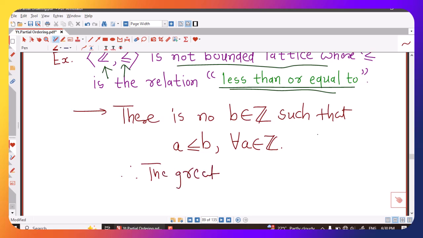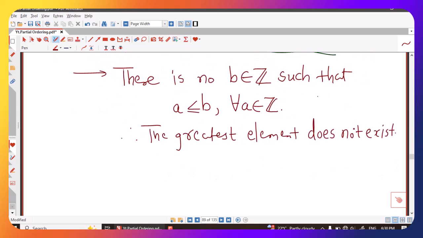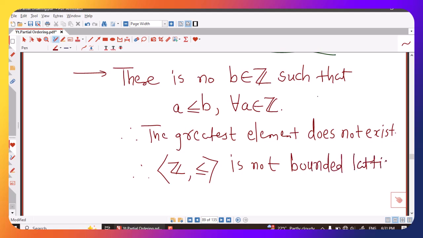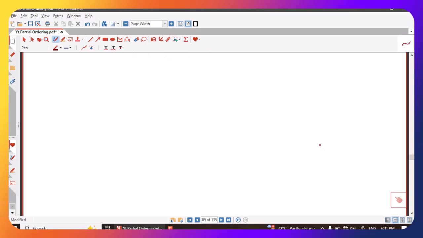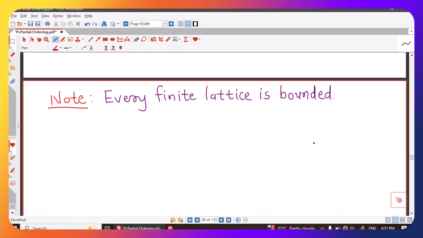Therefore, the greatest element does not exist and therefore Z with less than or equal to is not a bounded lattice. So this is the example of a lattice which is not bounded, and we end this lecture by this remark that if we have a finite lattice then it is always bounded.